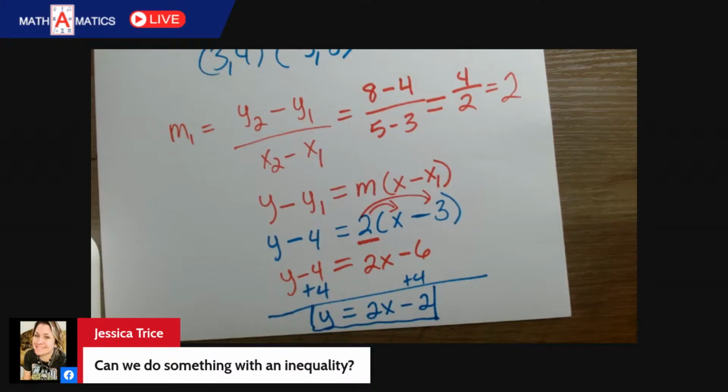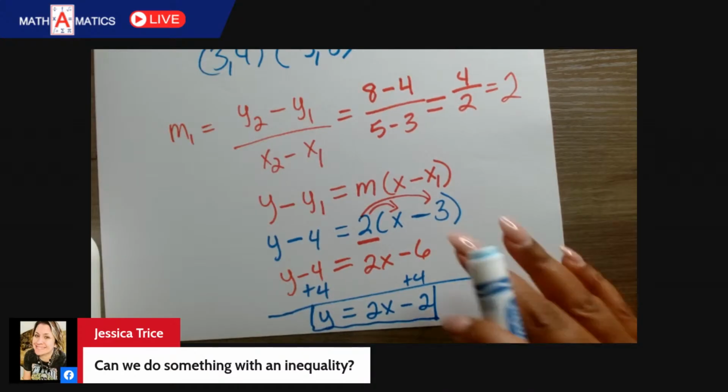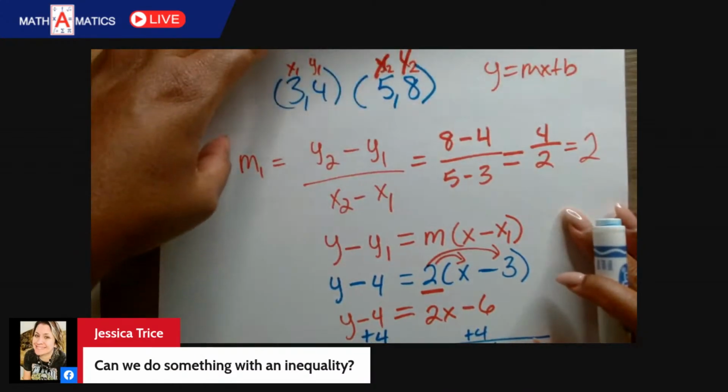All righty. So we solve inequalities just like we solve equations, except the inequality sign sometimes has to flip or change based on if we are multiplying or dividing by a negative number, because we just want to make sure that our inequality is true.